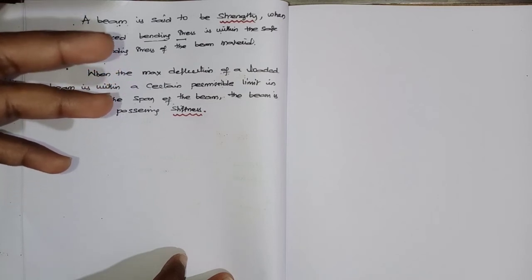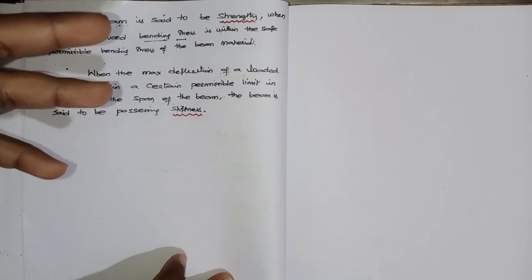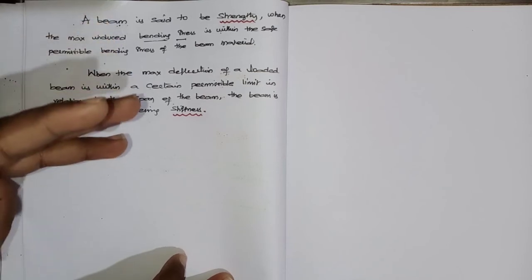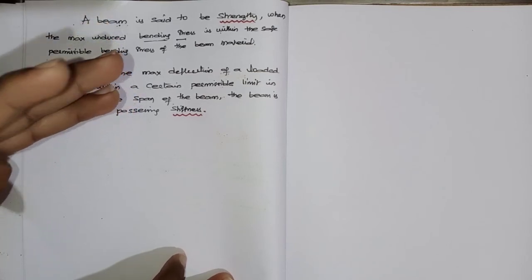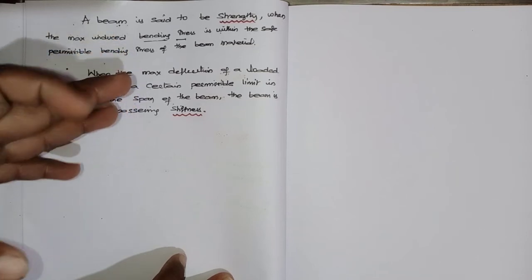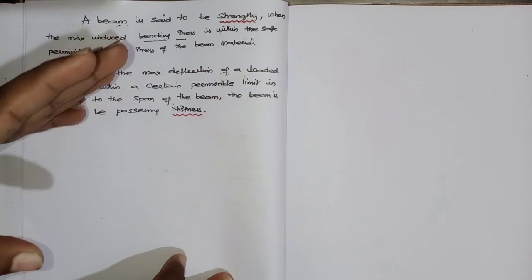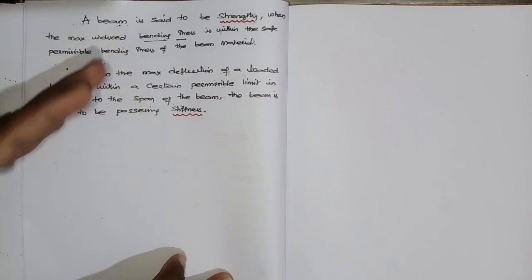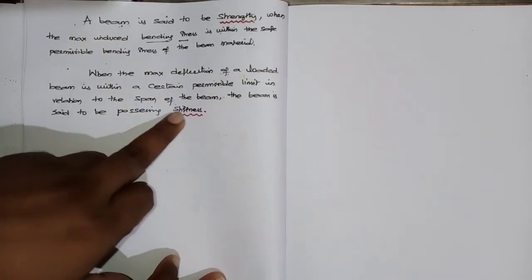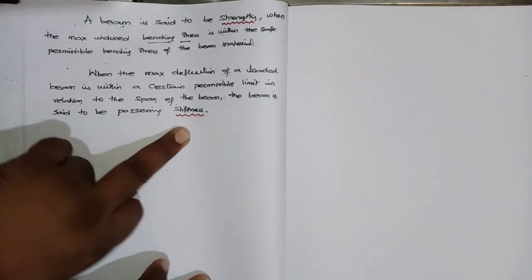In case of deflection of beams, deflection of slabs, like that you will be calculating. Any beam has a tendency to get deflected. That deflection of the beam induced due to loading should be within the limits. If it is within the limits, we can say the beam possesses some stiffness.